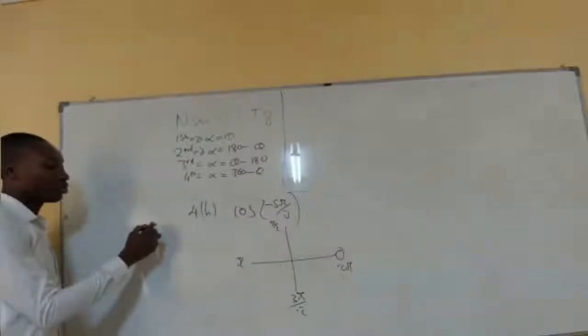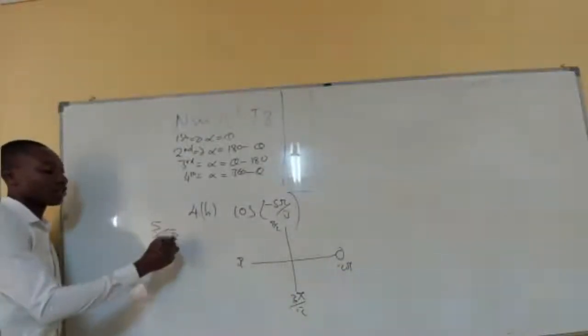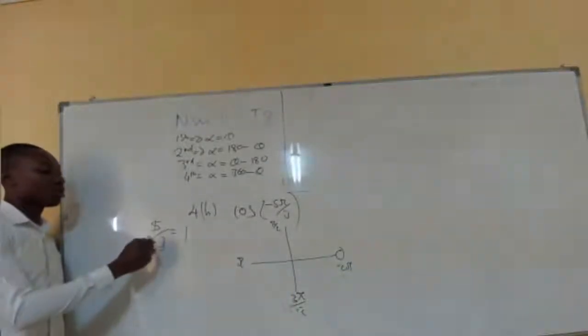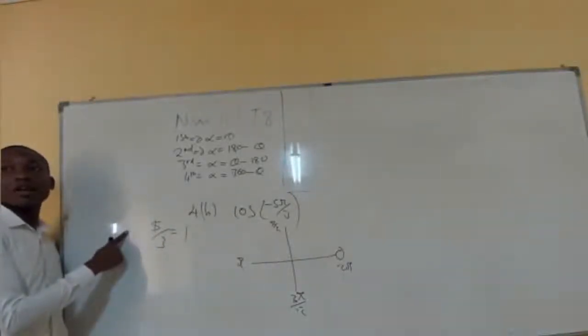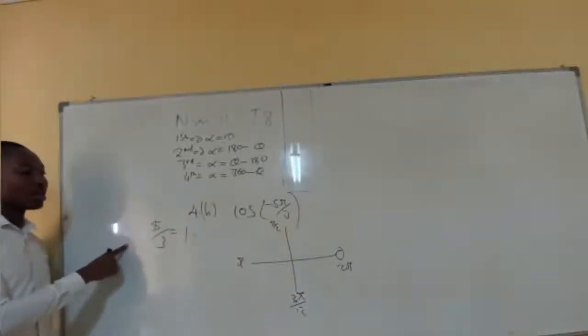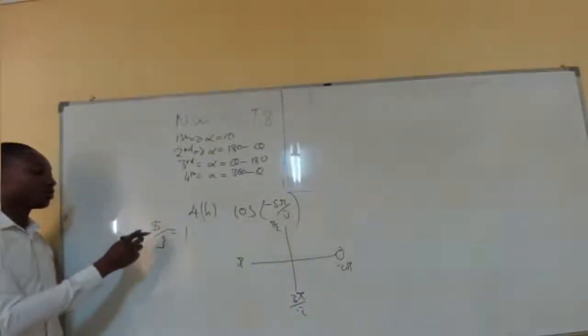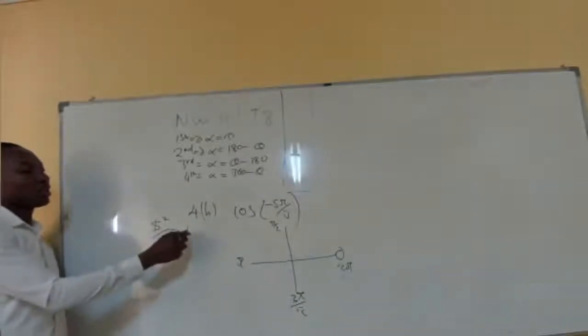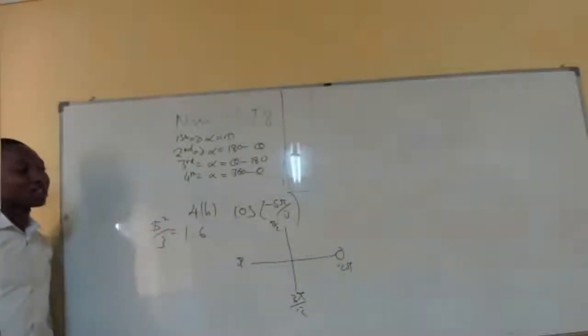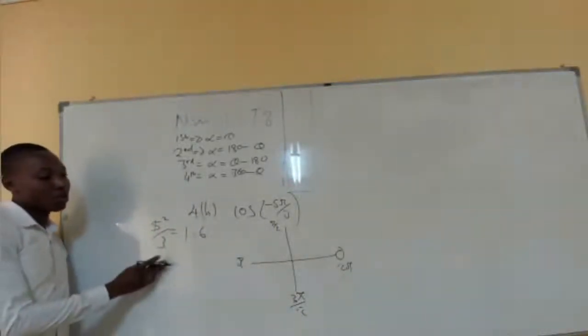Now, if I'm going to look at 5 over 3, I'll divide. 5 over 3 is 1 point. 3 can go into 5 one time, remainder 2, then it can go into 20 six times, so basically 1.6.